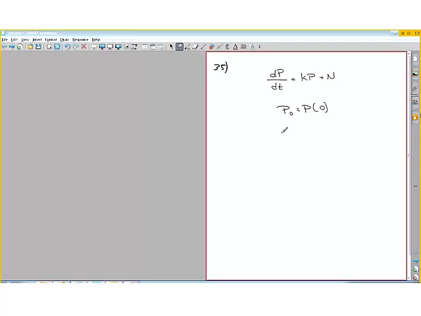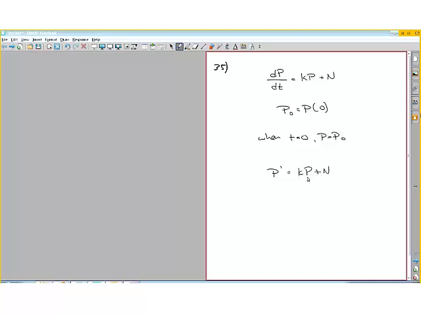So we could say that when t equals 0, which is the independent variable, P is equal to P0. So that's another way of writing that. Let's make dP/dt P prime. So P prime is equal to k times P plus N.